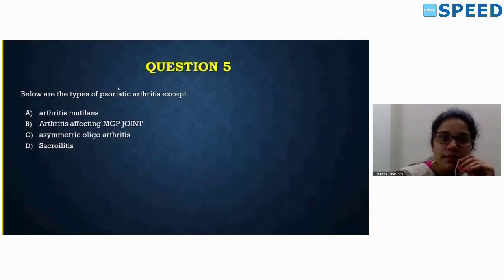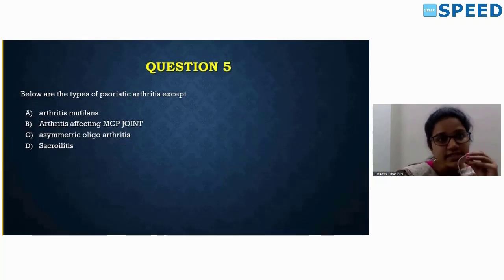Next question is, below are the types of psoriatic arthritis except. So you should know the classification of psoriatic arthritis, and how a patient can present with multiple clinical findings. The options: arthritis mutilans, arthritis affecting MCP joint, asymmetric oligoarthritis, and sacroiliitis. Arthritis mutilans is a type of psoriatic arthritis.